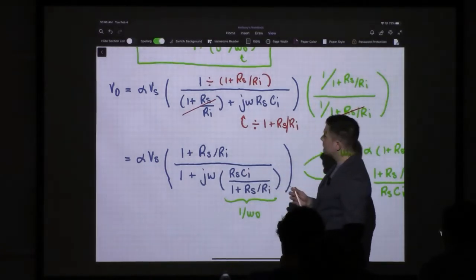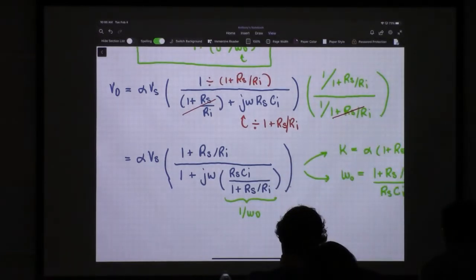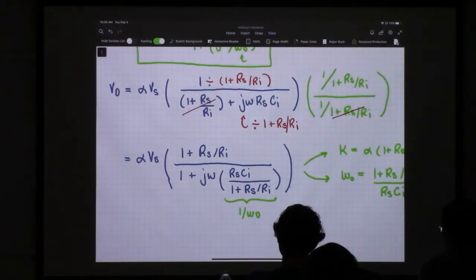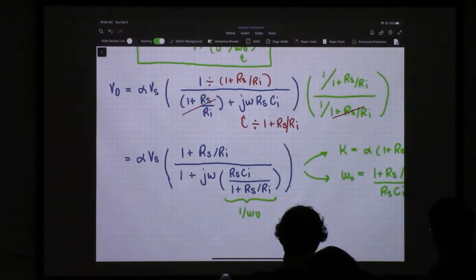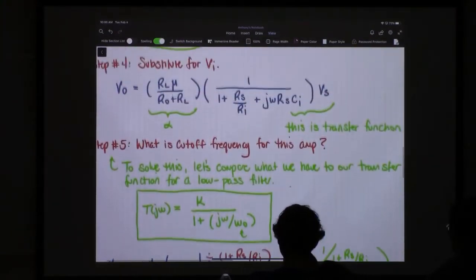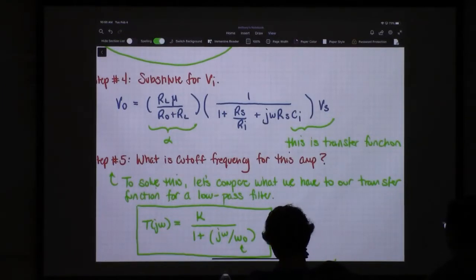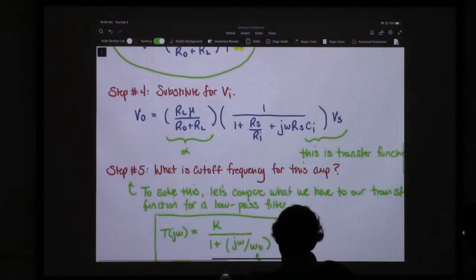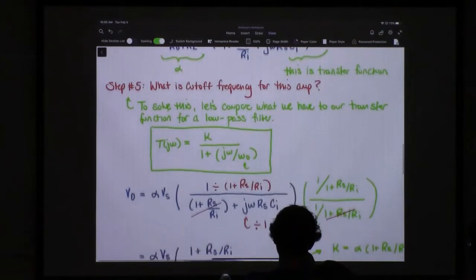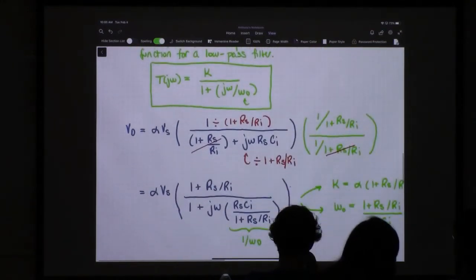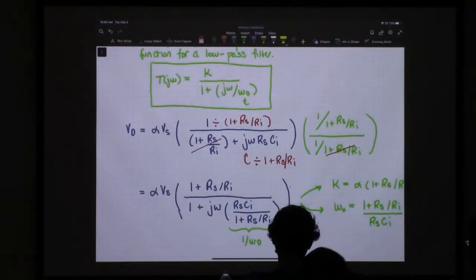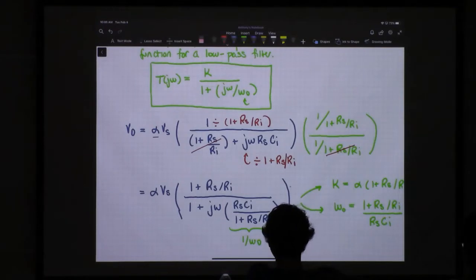Yeah. No problem. You mean this piece right here? Yeah. So it's really just a bookkeeping thing because I never got rid of it. It's still here.